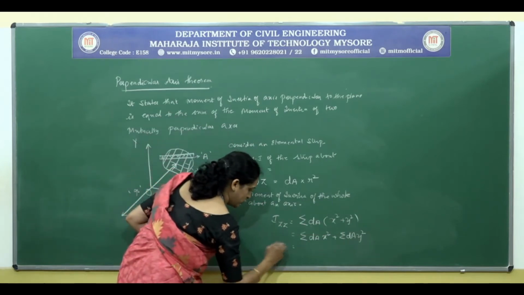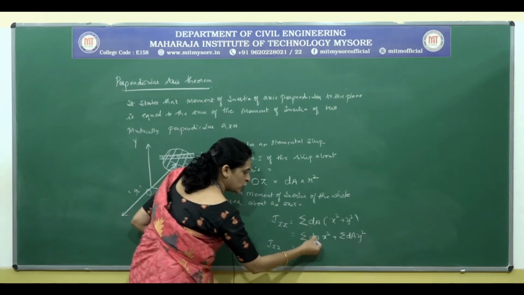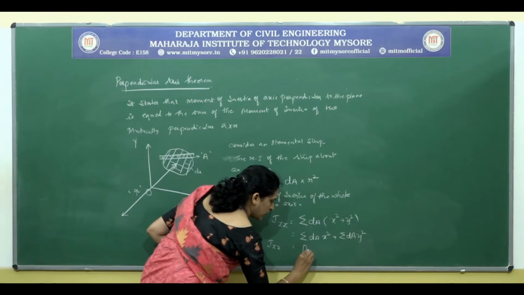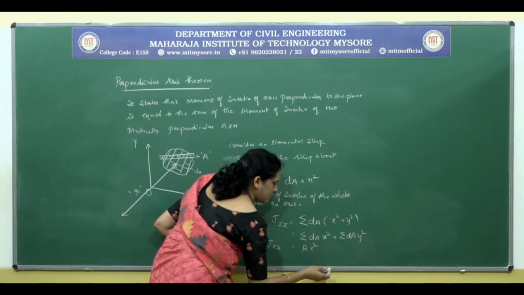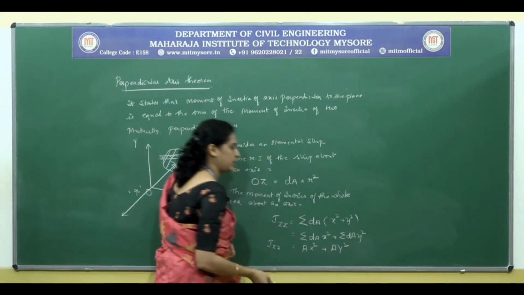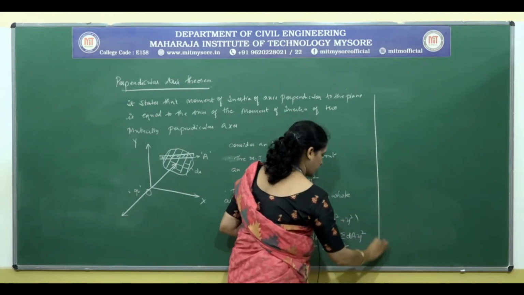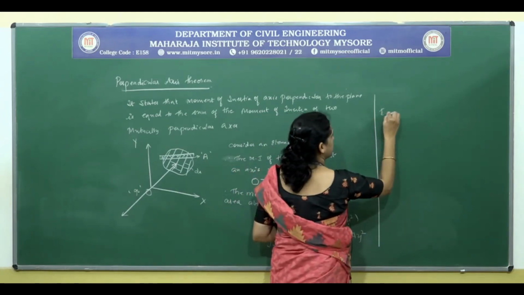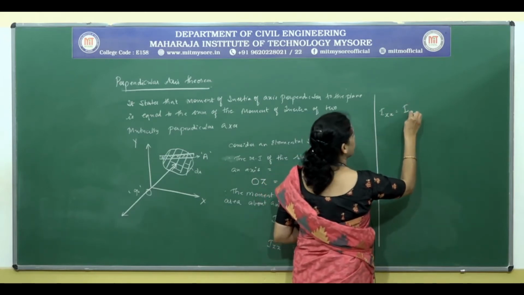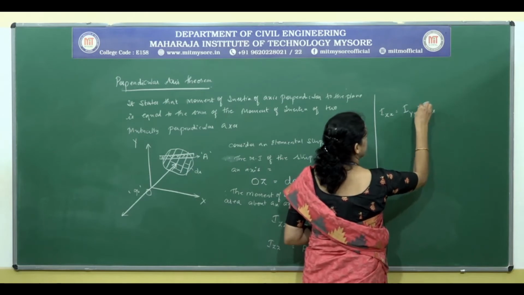As per the definition of moment of inertia, we know summation of dA into x square is Iyy and summation of dA into y square is Ixx. So, we can represent that as Iyy plus Ixx.